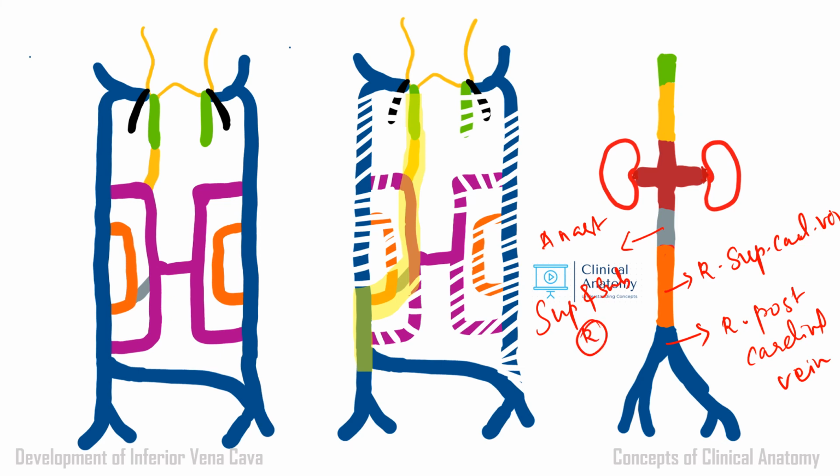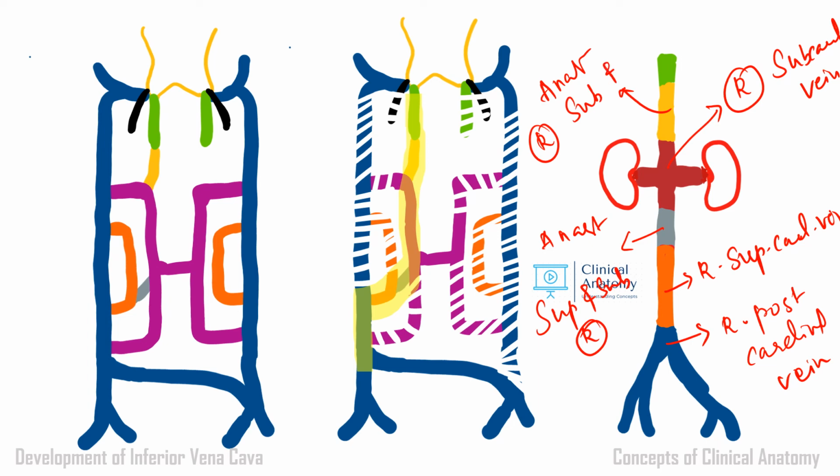This is also on the right side only, everything is on the right side only. This is the part of right subcardinal vein, then anastomotic channel between right subcardinal and vitelline vein, otherwise known as right hepatocardinal channel. This is the right hepatocardinal channel.